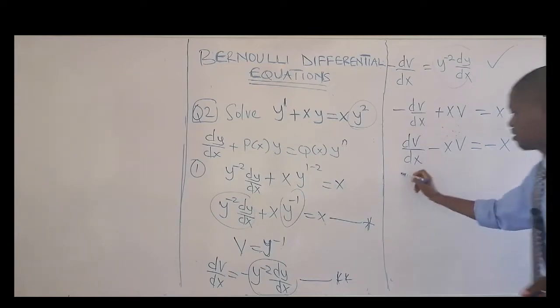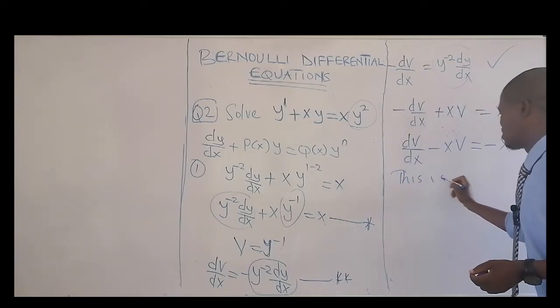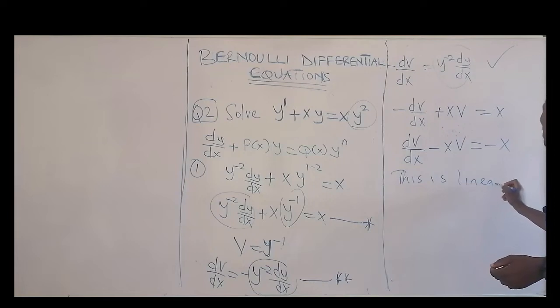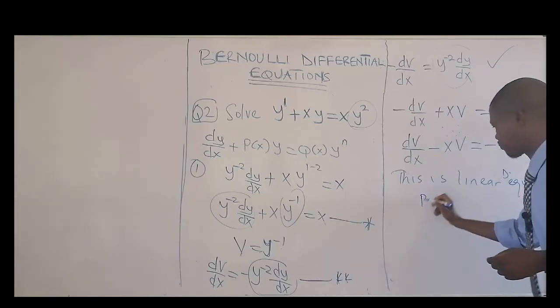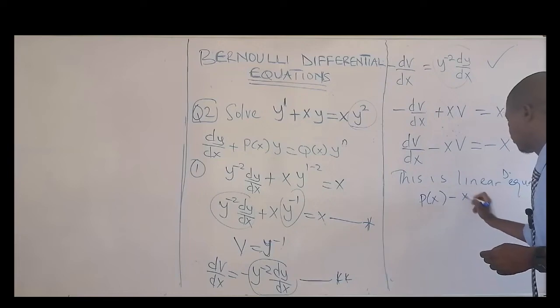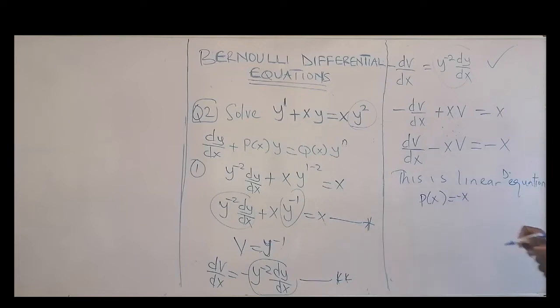So this is a linear differential equation, whereby my p(x) is minus x, and my q(x) also is minus x.